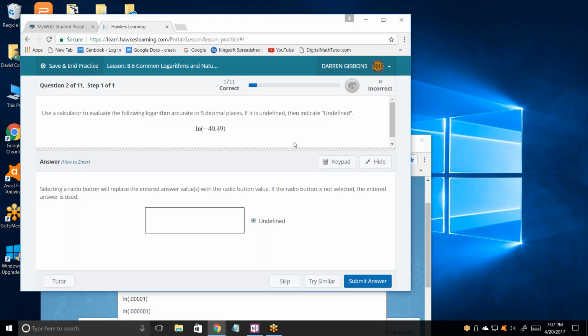But they don't even tell people that about logs. And yet that is the answer. If you take the log of a negative number, you get a complex number, in other words, an imaginary number. But they just say that you can't do it. It's not in the domain. Not only can you not take the log of a negative number, you cannot take the log of 0. So it's undefined.